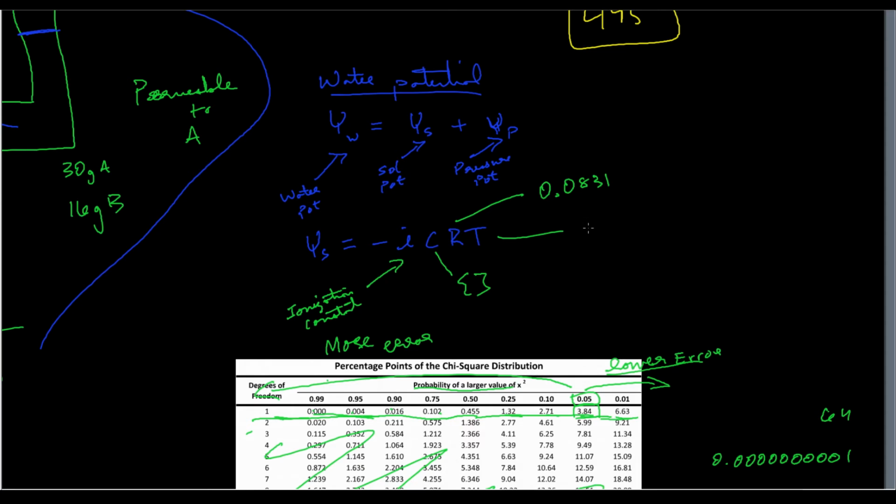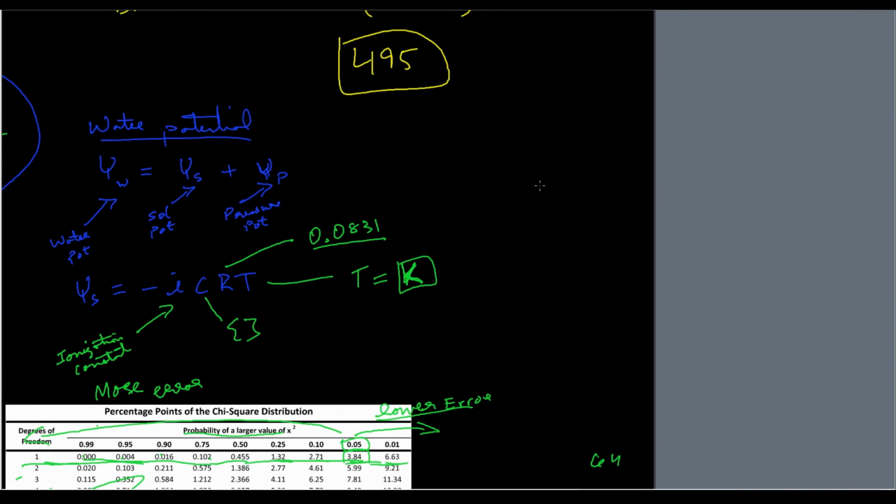It's pretty cool. So then T is obviously temperature, and it's going to be in Kelvin. This formula uses Kelvin, so we have to use Kelvin there. If you don't use Kelvin, you'll get the completely wrong answer and you'll get points off. So just use Kelvin, and we'll be good to go.